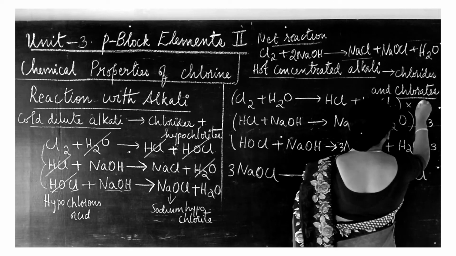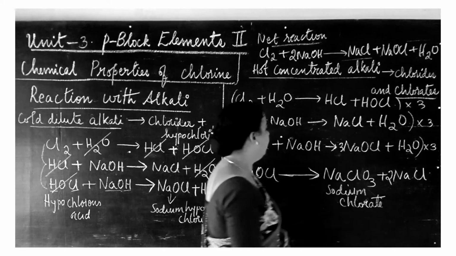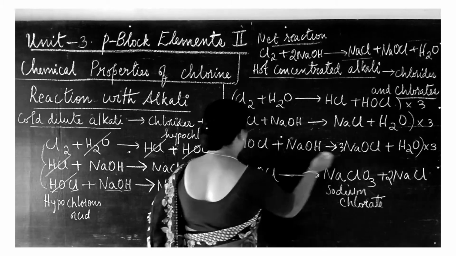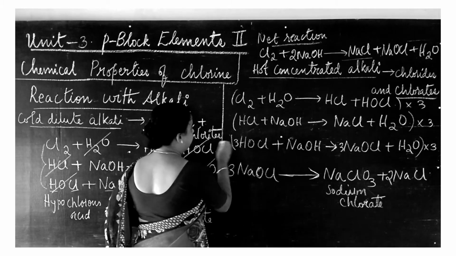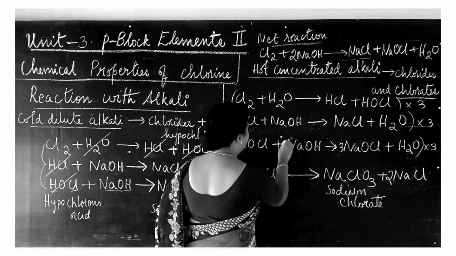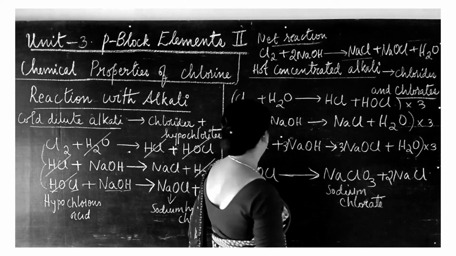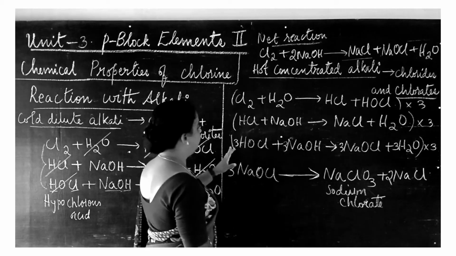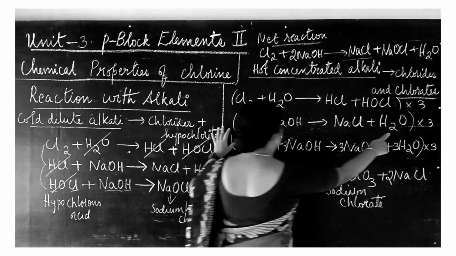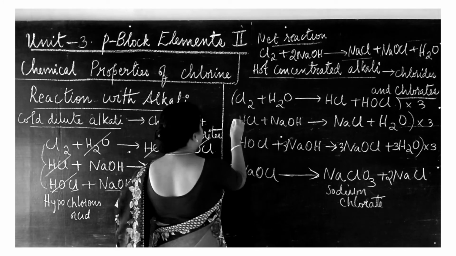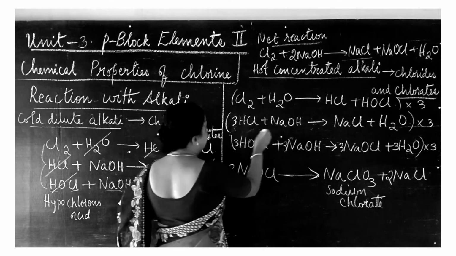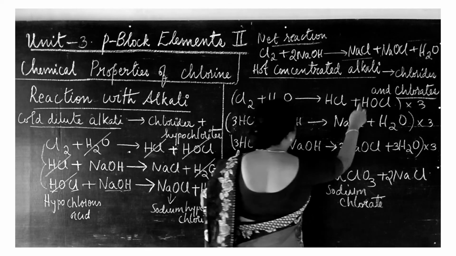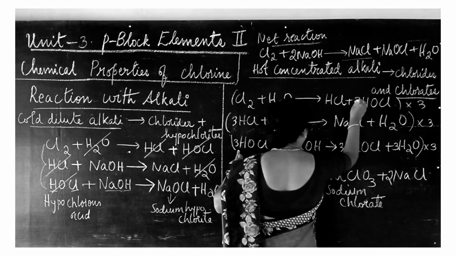Yes, all the 3 reactions, you just multiply with 3, then you get 3 NaOCl. Okay, so when you multiply, what happens? It becomes 3 HOCl, 3 NaOCl, NaOH, and 3 water molecules. So it's balanced. Likewise, when you multiply by 3, here it becomes 3 HCl. Here also, if it is 3 HOCl, then here it should be 3 HOCl.